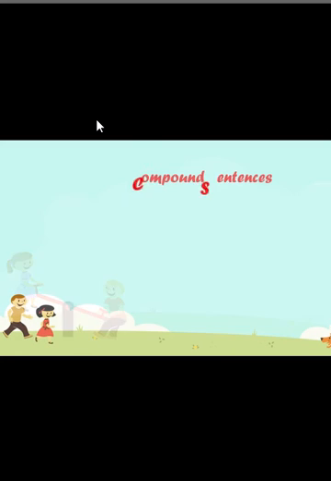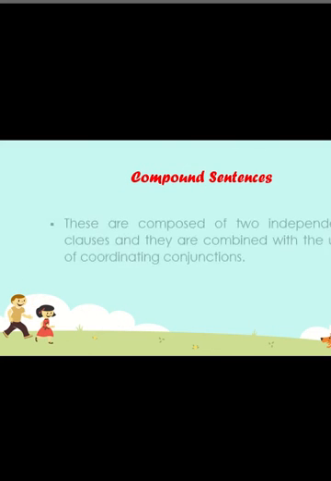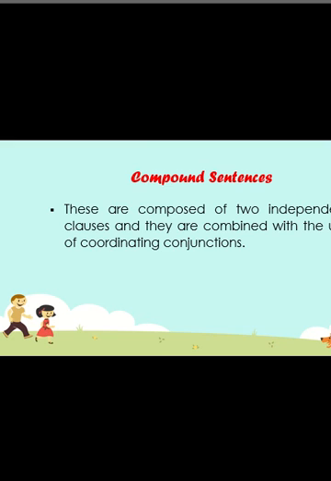Okay, let's have compound sentences. Shannon, can you read the definition? These are composed of two independent clauses and they are combined with the use of a coordinating conjunction. Okay, very good.